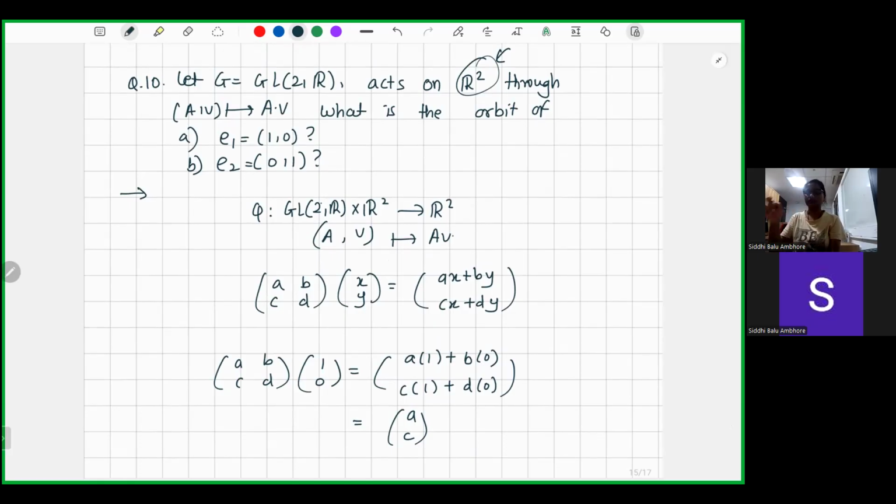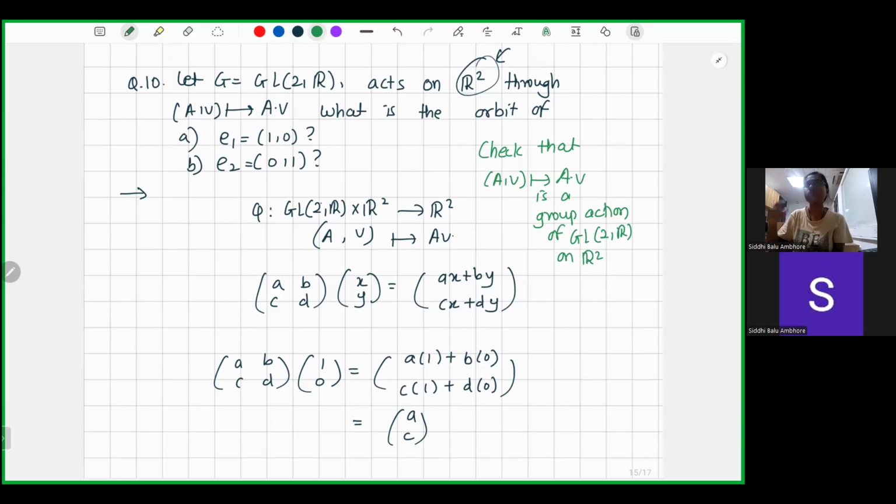You can check this. If you are not convinced, check that this map A, V going to AV is a group action of GL2R on R2.